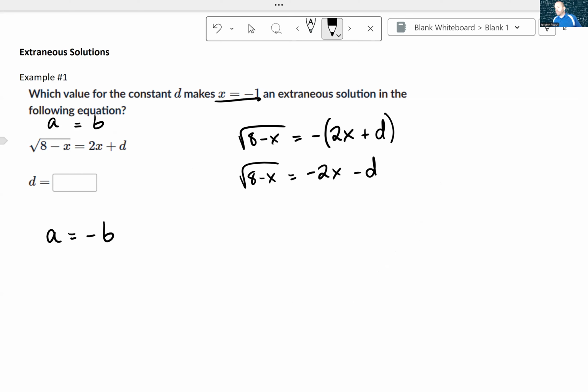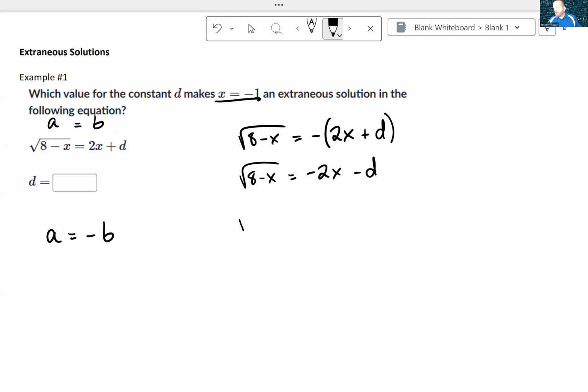And now we're going to plug in negative 1 again for x, because it says when we plug in negative 1 for x, what does D have to be to give us an extraneous solution? We've written this equation so that it will give us an extraneous solution because we've written it as A equals negative B. We put that negative in front there.